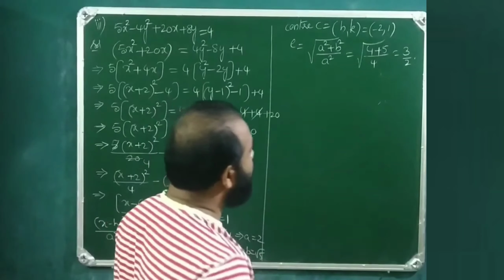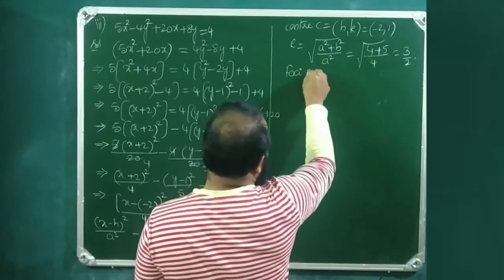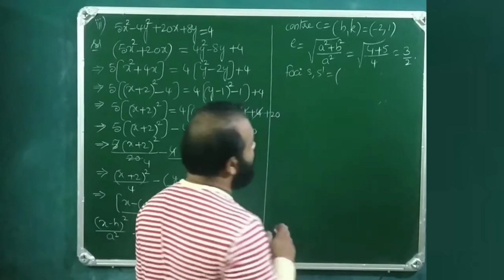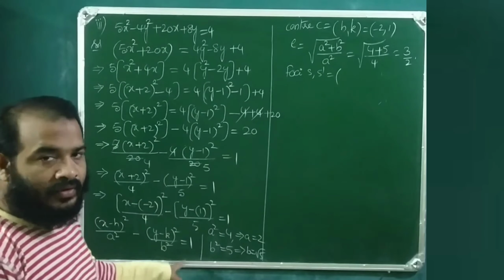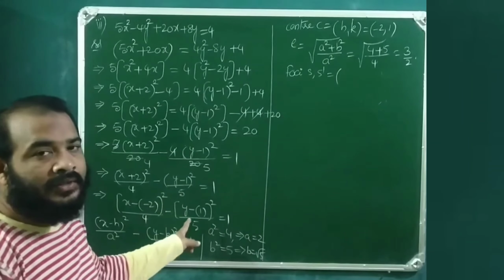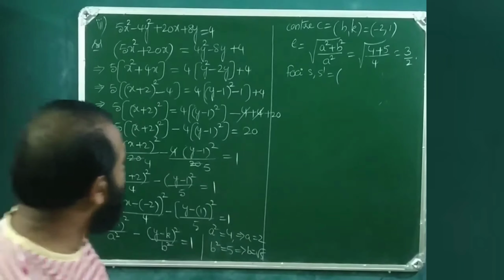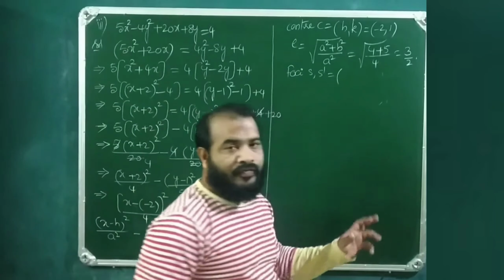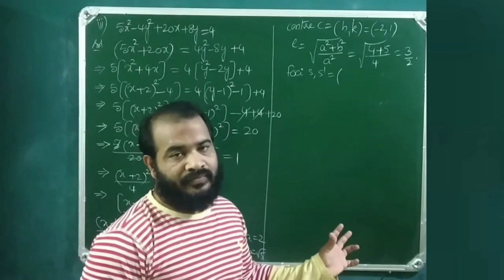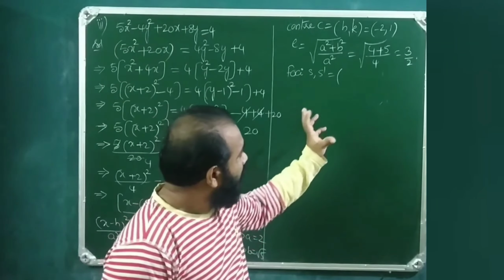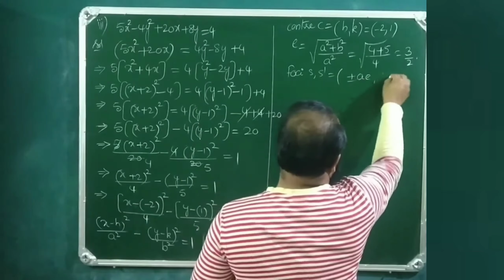Now the next one is the foci, S and S'. Since this is the hyperbola whose transverse axis is not along the x-axis but parallel to the x-axis, for the normal hyperbola whose center is at the origin it is ±ae, 0.